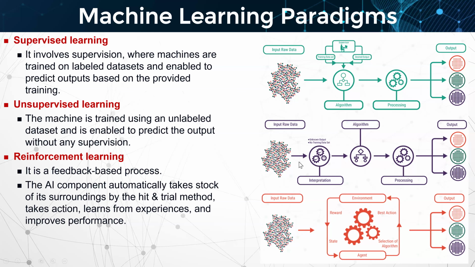In unsupervised learning, on the other hand, we have no supervision or no specific output expected from the network. After using a particular algorithm and after processing, you will get the outputs. But in reinforcement learning, we have a closed cycle of learning after rewarding and selection of the algorithm. So based on the best action, you will get the network output.